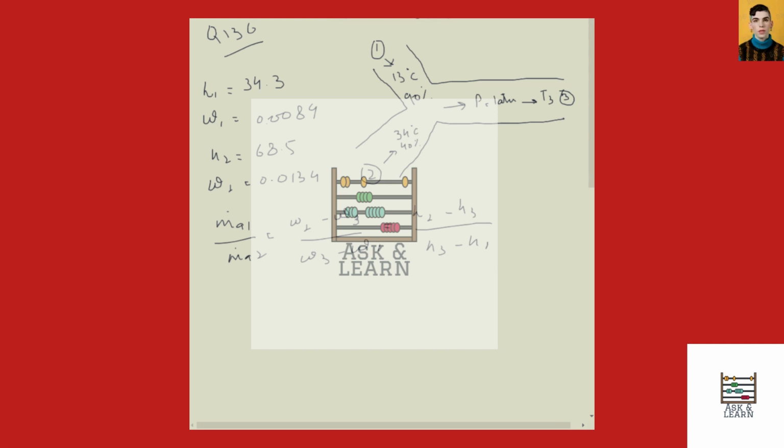At the intersection point of this line with the relative humidity 60% line, we read T3 equal to 23.5 degrees centigrade, specific humidity W3 equal to 0.0109 kilogram of water per kilogram of dry air, and enthalpy at point 3 is 51.3 kilojoule per kilogram of dry air.